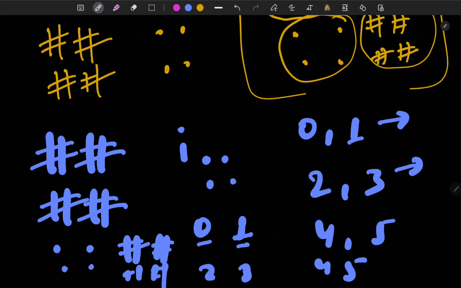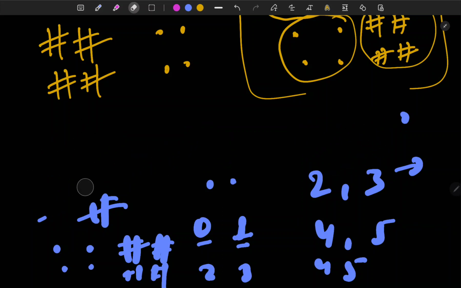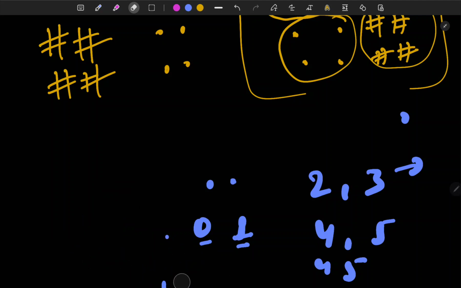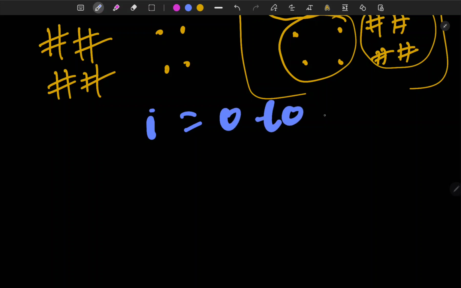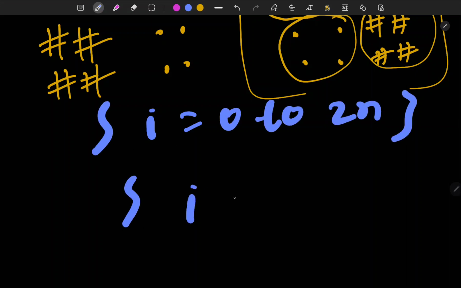So what I did, I ran a loop from i equal to 0 to 2n, and this was my outer loop. For the inner loop, I ran a loop from j equal to 0 to n.